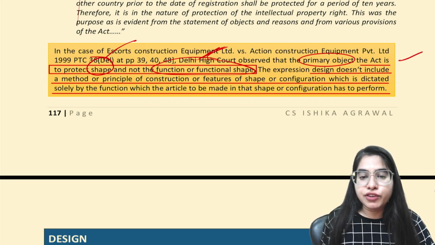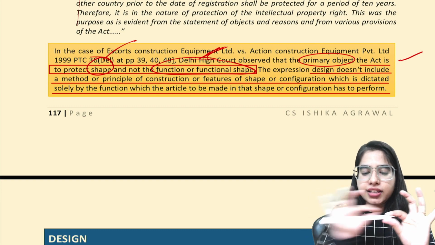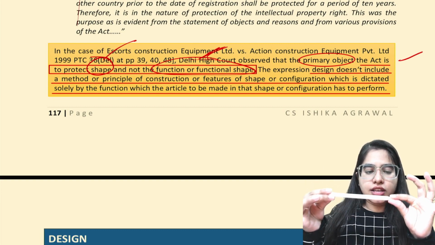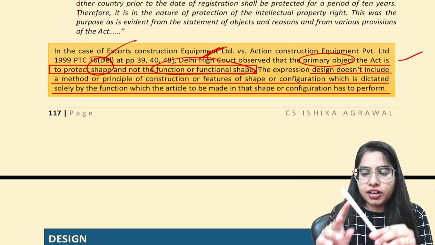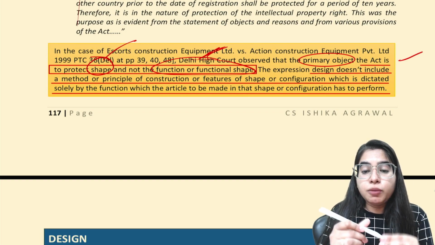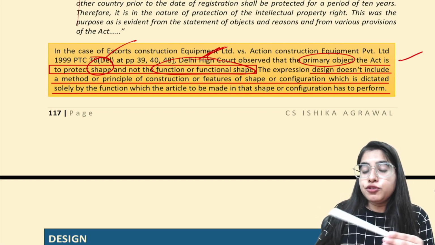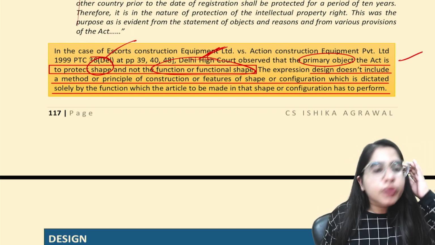Are you understanding? For example, a pencil, like a single rod, a small cylindrical pencil, this shape. Now this function, this shape of the pencil you cannot register. But if you make a unique pencil, that you can register.